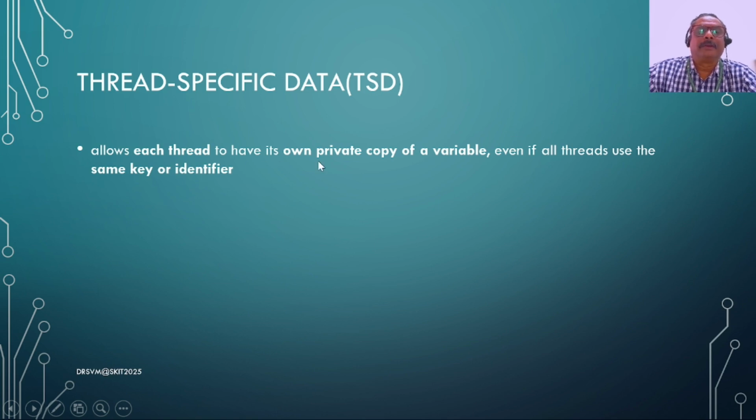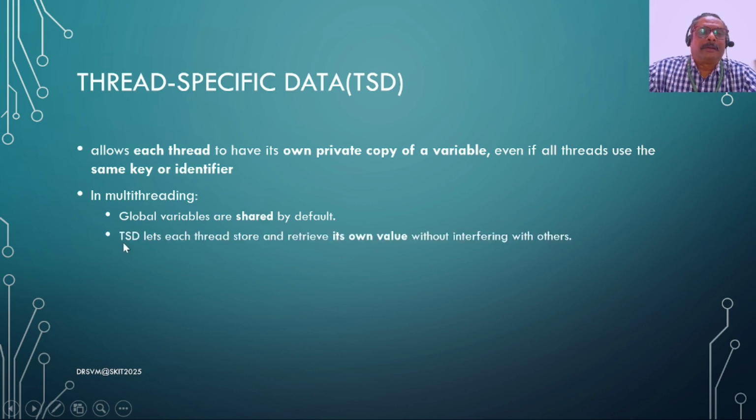In multi-threading, global variables are shared by default, and thread specific data lets each thread store and retrieve its own value without interfering with others. We would like to ensure that each thread works independently without disturbing others.